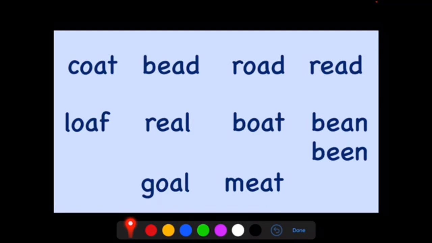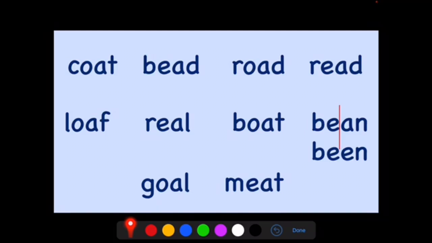So, what can we do to help us remember? Well, we understand all about open syllables. So for a spelling language, we could say be-an. Be-an, just as a way of remembering. Be-an. And I had beans for tea.